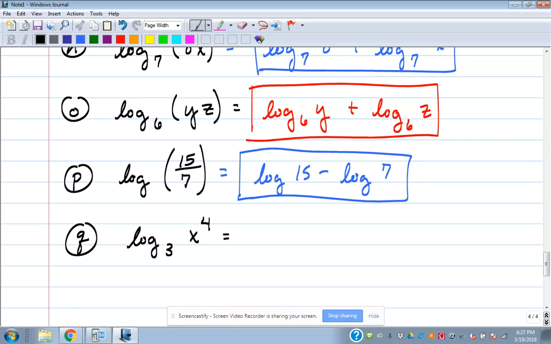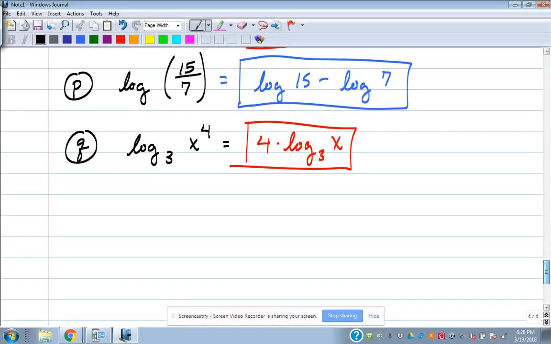That first or second property we talked about, where's this exponent? Where can it go? To the front. So it's just going to be 4 times log base 3 of x. Nothing else to do on that one. Just bring that exponent down to the front. That's going to be a helpful one. They're all helpful, but that one seems to come up a lot.